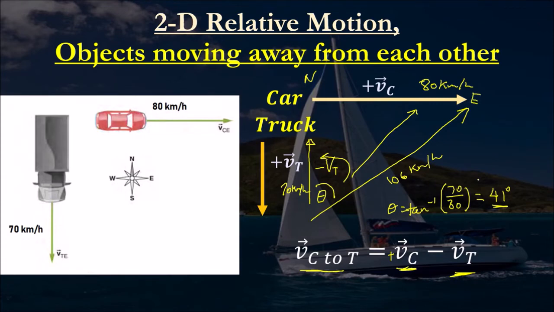So in this case, we have a bearing. This is the bearing of 41 degrees. But the actual directional angle, if we want to look at it, is north 41 degrees east, moving at 106 kilometers per hour. So that's how you do those kind of questions when it comes to relative velocity.